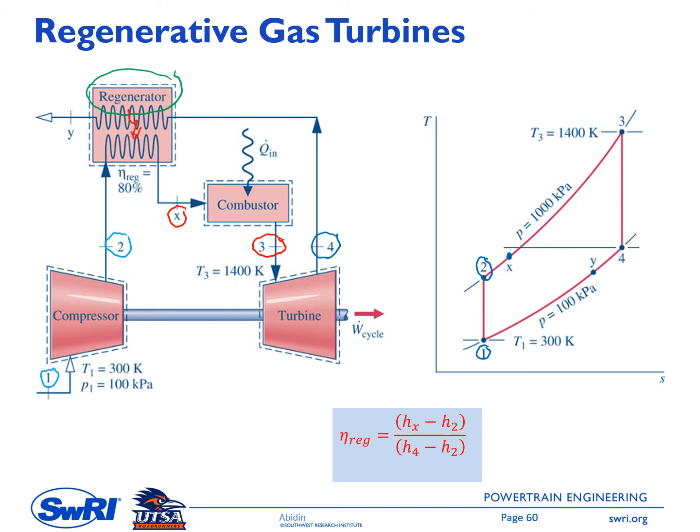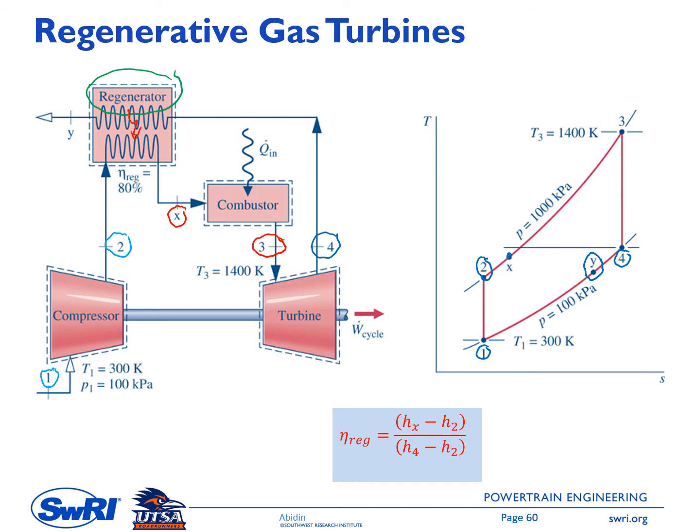So you can see here that Tx is higher than T2, and this energy is coming from the mixture that exits the turbine. So in this case, at the exit of the turbine, we have state 4 here, and then because there will be a heat transfer from the mixture at state 4 inside the regenerator, the energy of this, which is mainly the burn gas, decreases, and at the exit of the regenerator, it is state Y here.